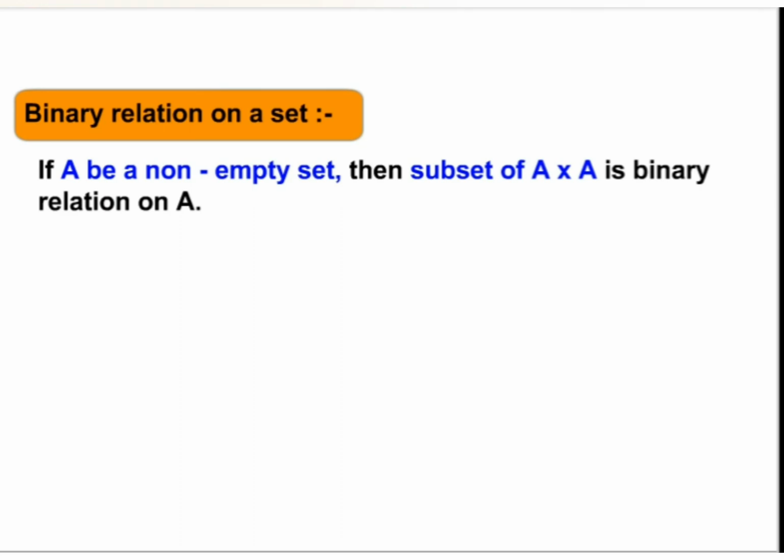Binary relation on a set. If A is a non-empty set, then a subset of A cross A is a binary relation on A.